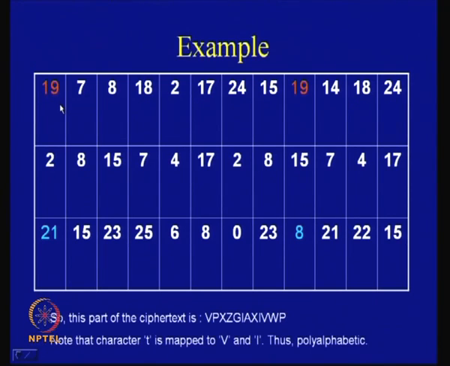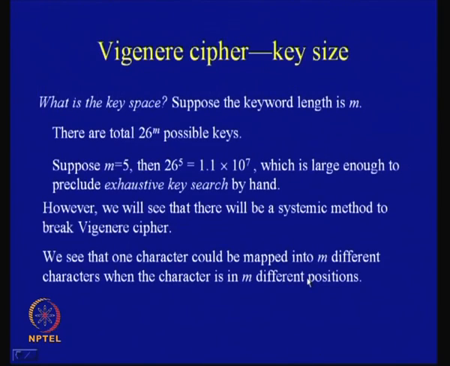So that is the basic concept of a polyalphabetic cipher: the mapping is not unique, but can vary depending upon the size of the key. In this part of the cipher text, you can note that the character T is mapped to V and I, so it is called polyalphabetic. There are 2 possible mappings shown here, but actually there are 6 possible values, because that depends upon the size of the key.